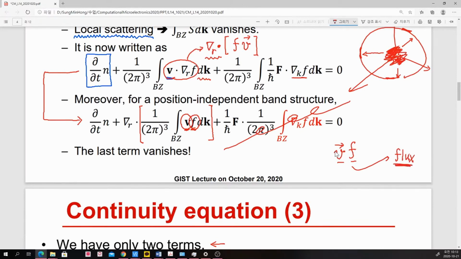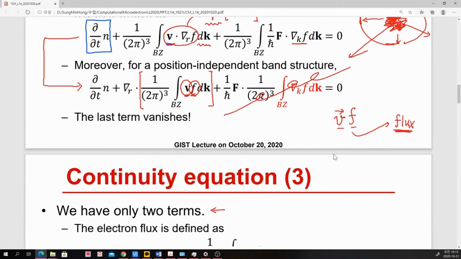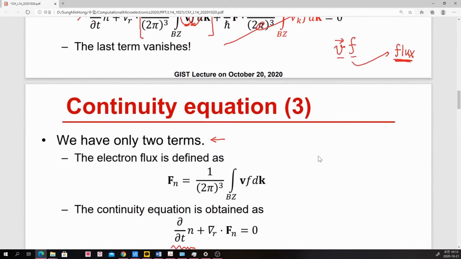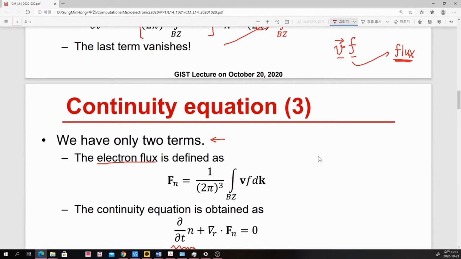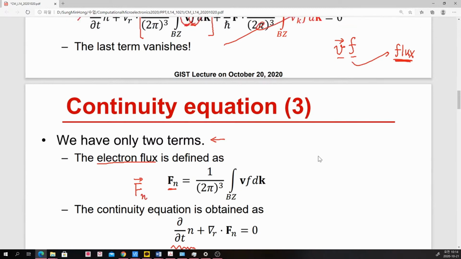So how many electrons and how fast are they? So we can introduce a new quantity called electron flux F sub n. Don't be confused with the electric force F itself. Here we have a subscript n to show that this is flux, not force.